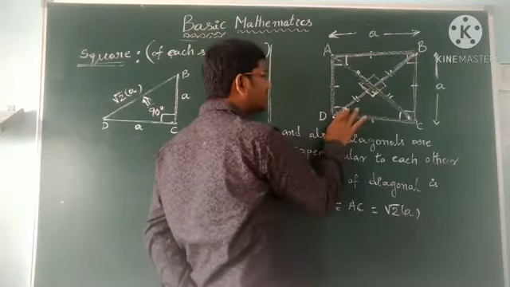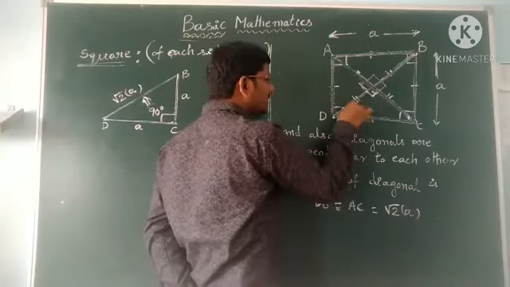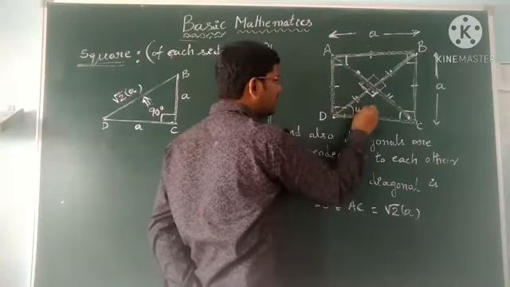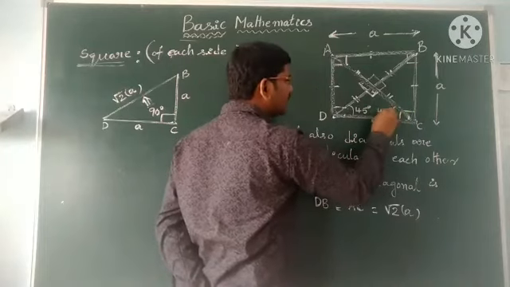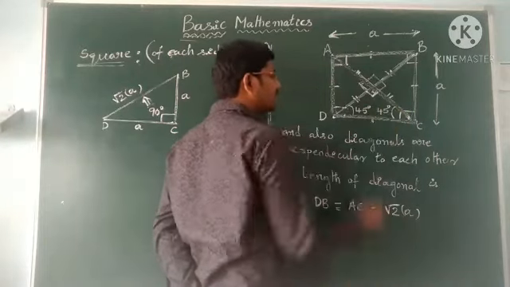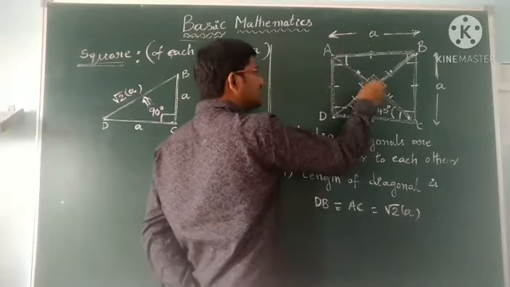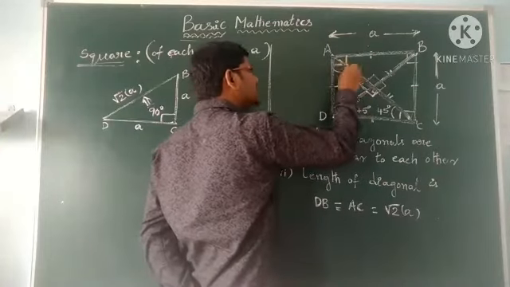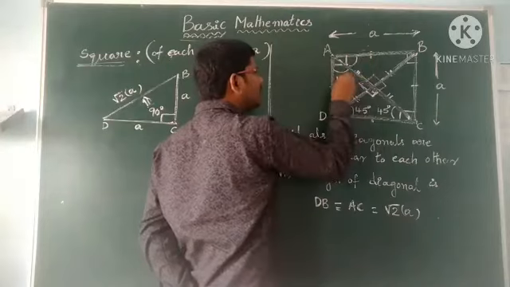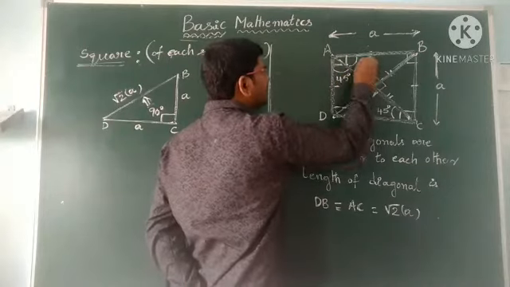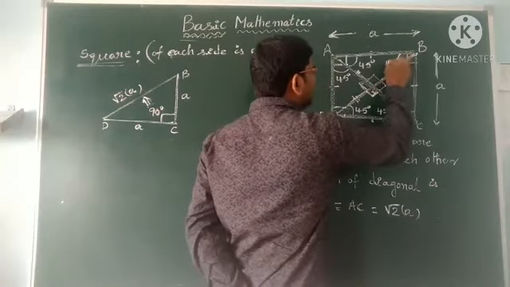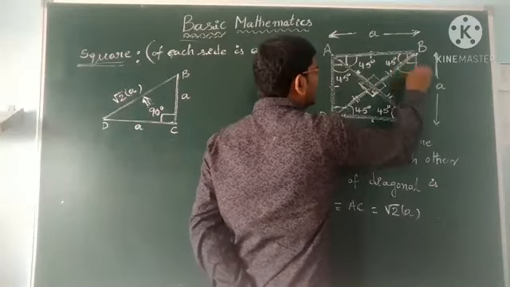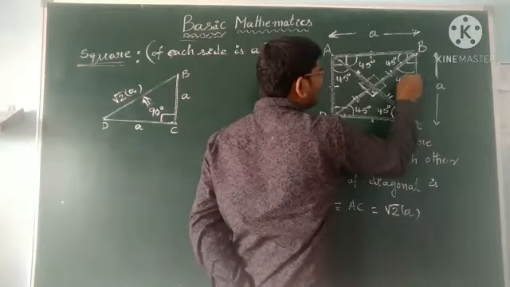Already we know this is 90 degrees. So we write this is 45 degrees, and this is also 45 degrees. Here this diagonal bisects the angle, means divides the angle into two equal parts. 45 degrees here, and here also 45 degrees.